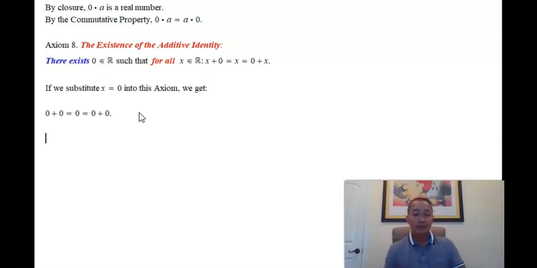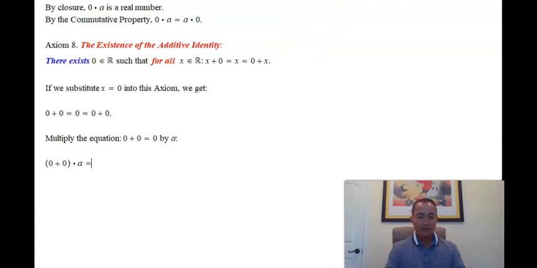So in this case, let's multiply both sides of the first equation, 0 plus 0 equals 0, by the number a. All right, and so we get 0 plus 0 times a equals 0 times a.